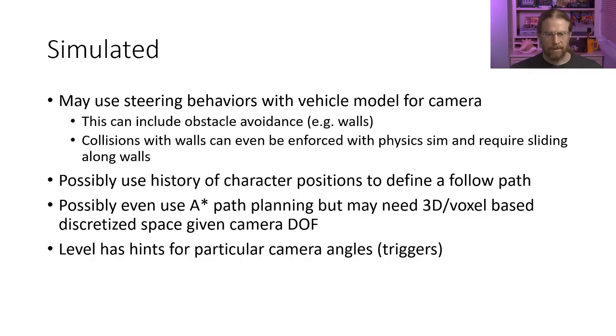You could possibly even leverage something like A-star planning, maybe tracking positions on a nav mesh could be beneficial for understanding movement around the space. And so certainly leveraging the existing features in the game that are really meant to support AI for other purposes can be useful for the camera movement as well.